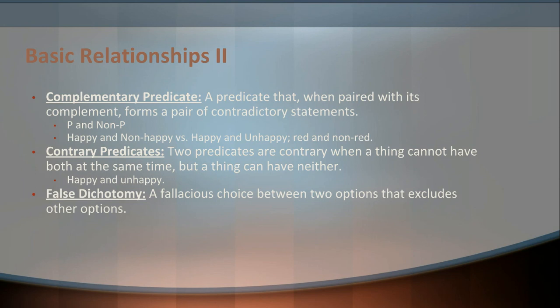You can pick neither, however. There are other options in the middle. Similarly, if you're trying to distinguish between Republican and not Republican, those two options are exhaustive. They do list all of the different possibilities there. So these two things are complementary predicates instead.